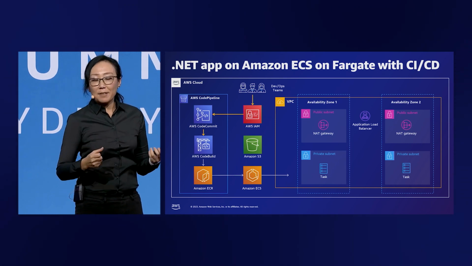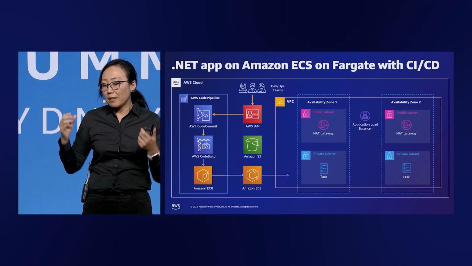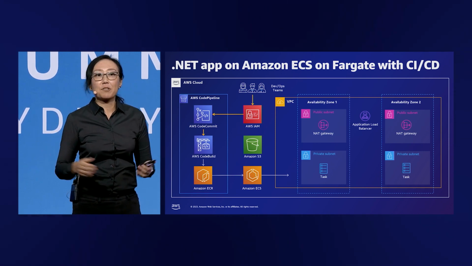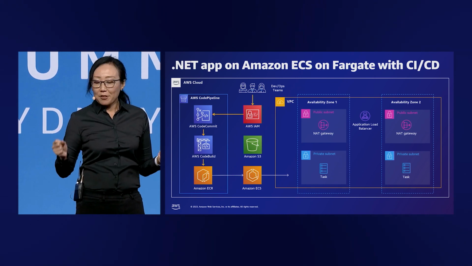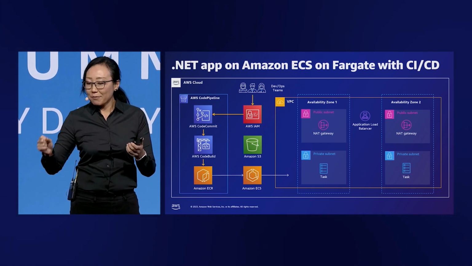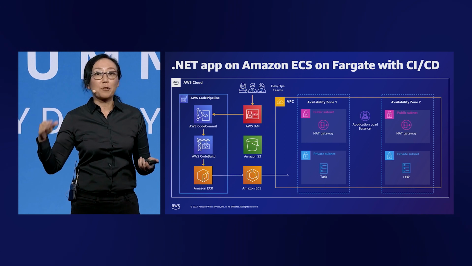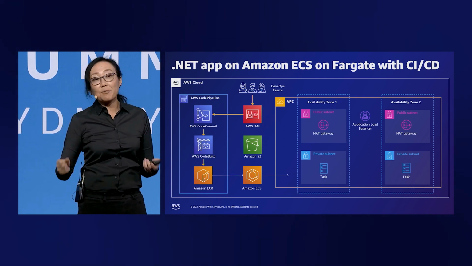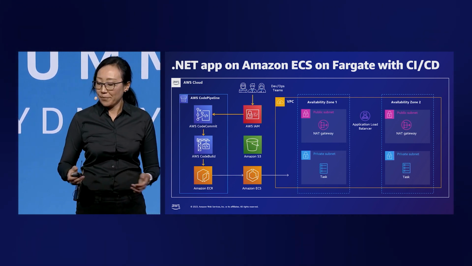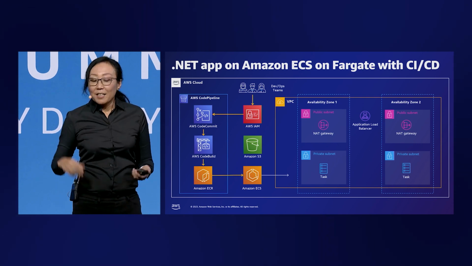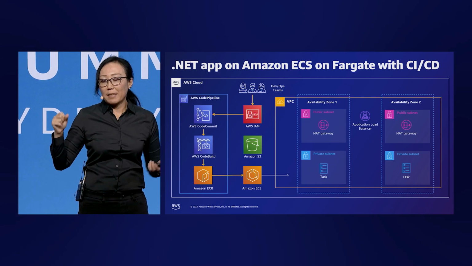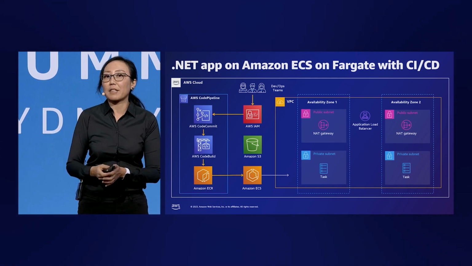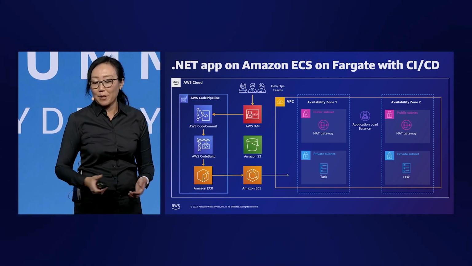Now, Amazon S3 is also used for storing any artifacts that we need during this build phase. The container image that we built during the build phase will be pushed out to Amazon ECR, or Elastic Container Registry, which is where we store our container image. Now, the new container image is then pushed out to our ECS cluster from ECR, which reflects the changes on our web application in the green environment.